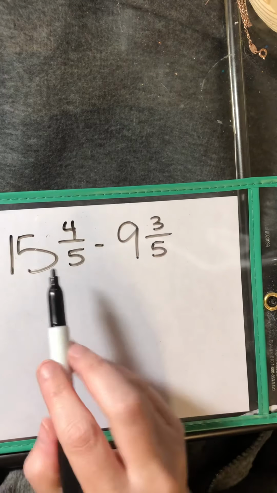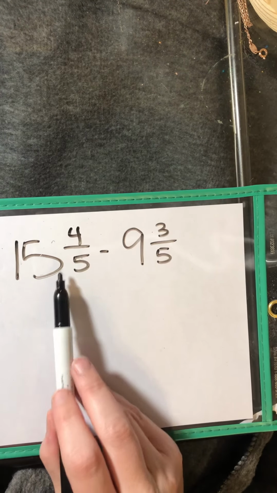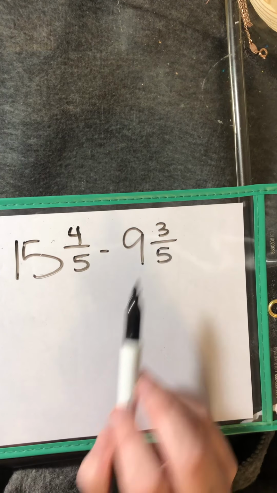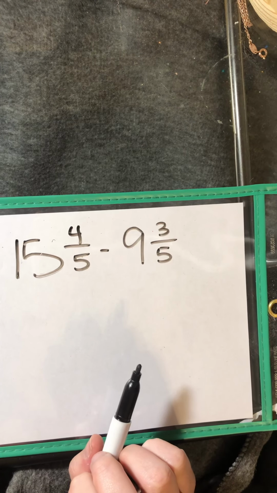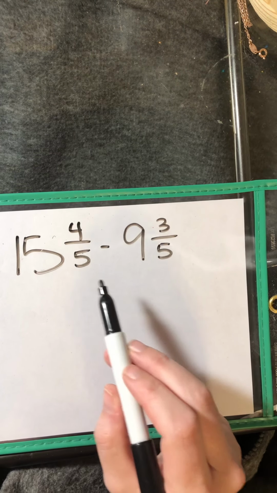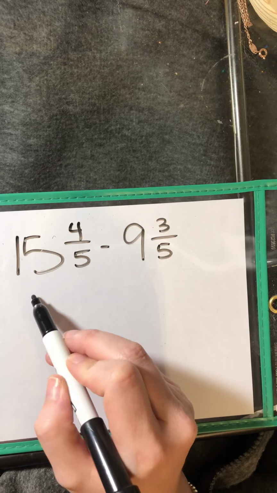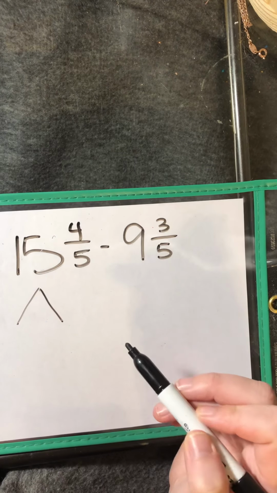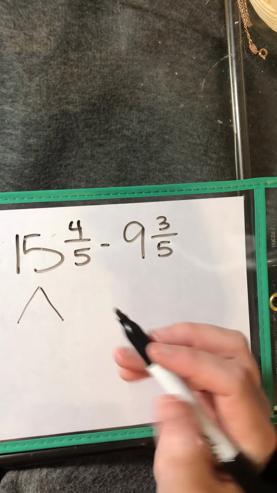Okay. Here I have 15 4/5, take away 9 3/5. Right? I'm going to choose to pull out my fraction first. I'll show you both ways.